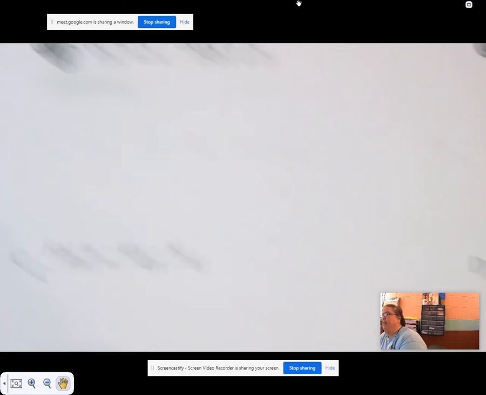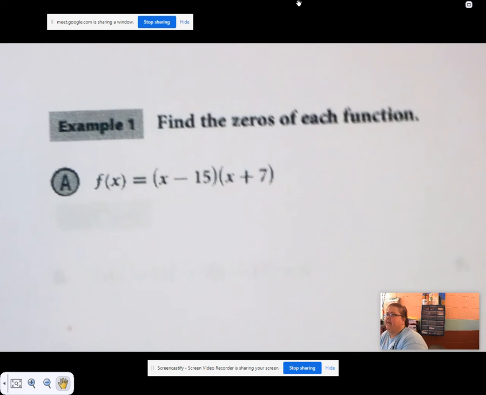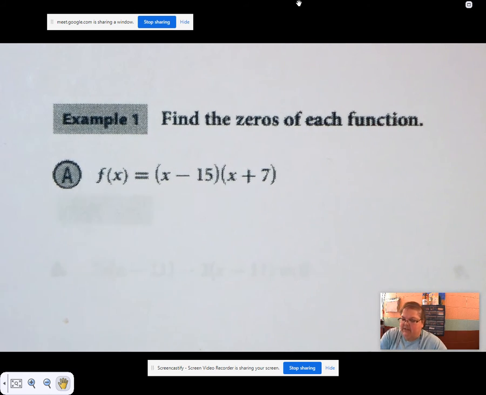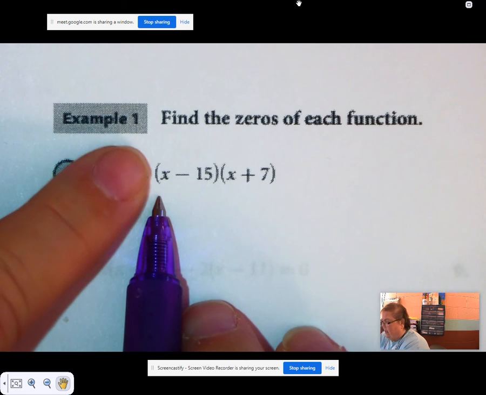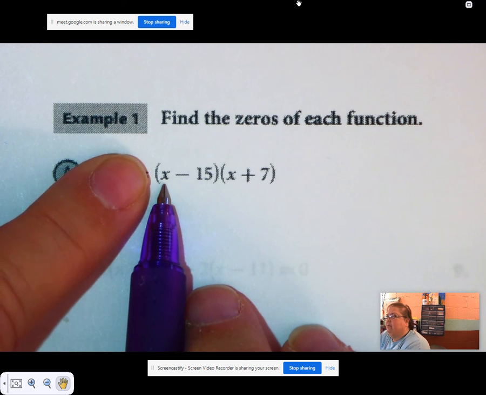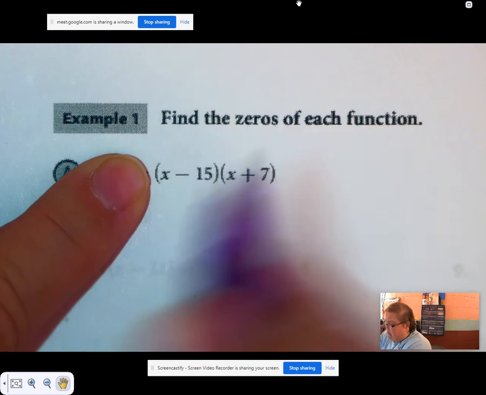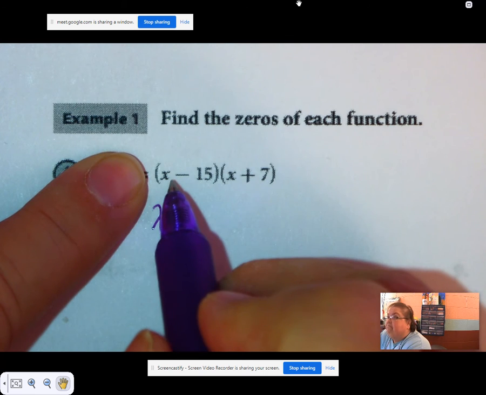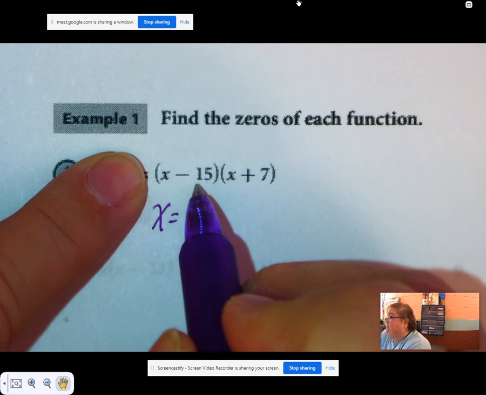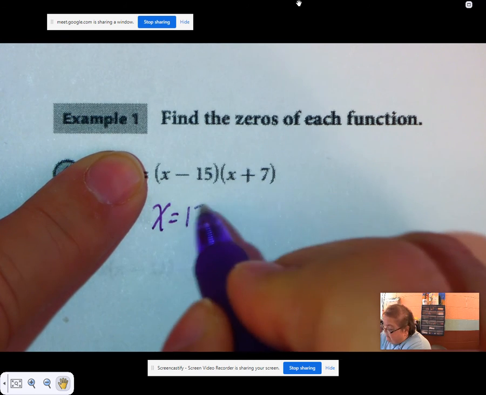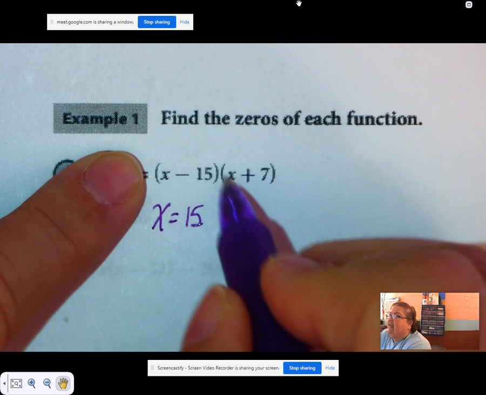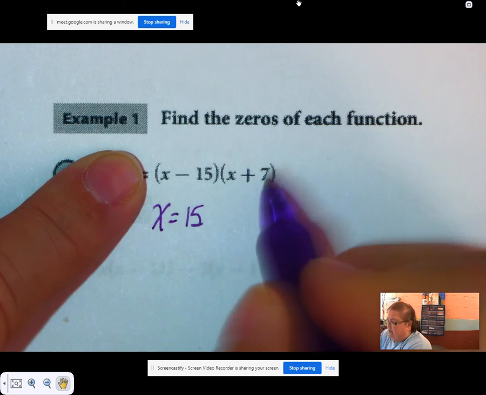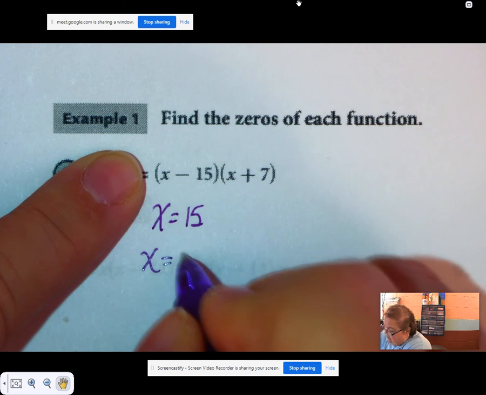So, example A. This is the same exact idea we just did. Here we go. For this one, what does x have to equal? So that is 0. +15. What does this x have to be so that this equals 0? -7.